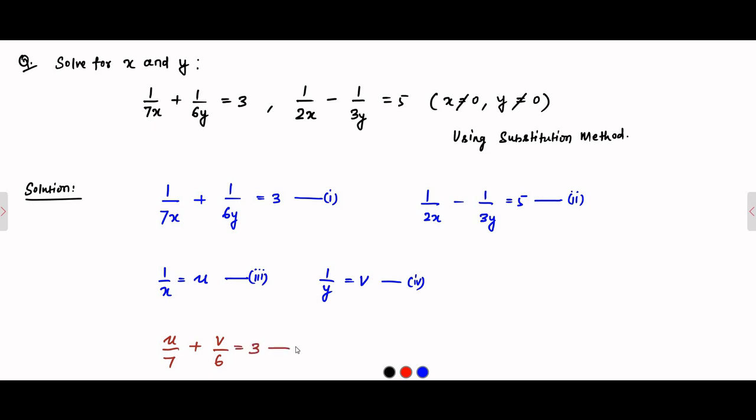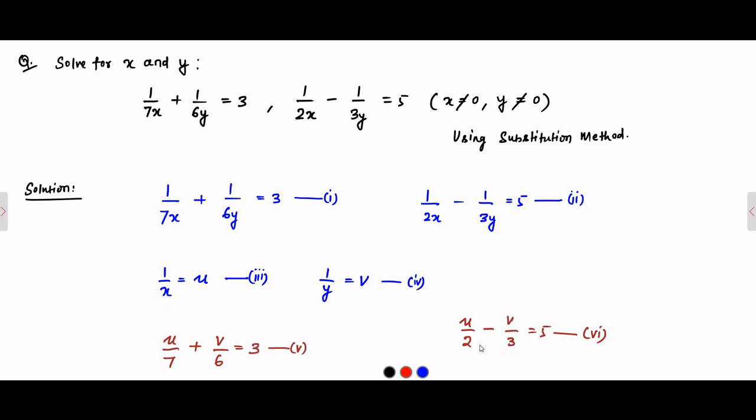This is equation 5, and in equation 2 we have u by 2 minus v by 3 is equal to 5. This is equation 6. So simply, 1 by x is u, 1 by y is equal to v.